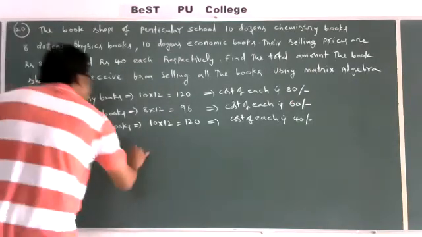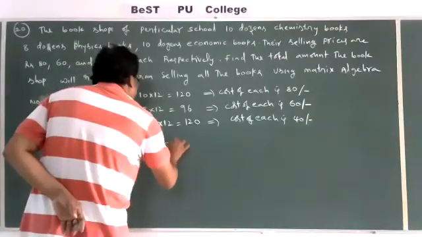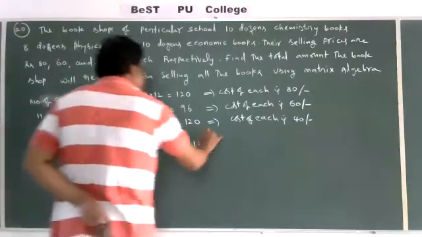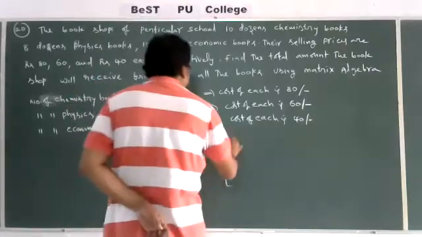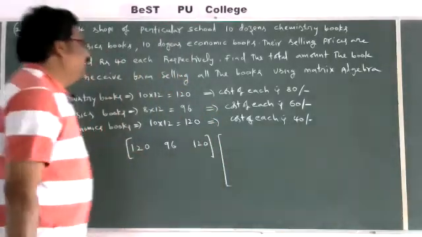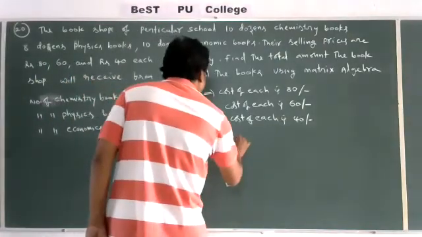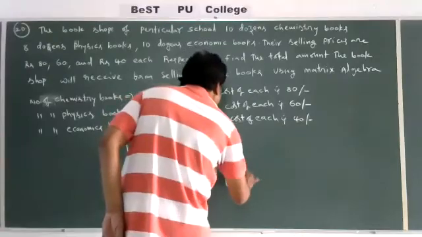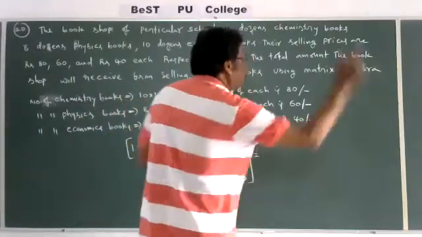So you take the row matrix 120, 96, 120, and using matrix multiplication with the column 80, 60 and 40 rupees, apply the matrix multiplication.